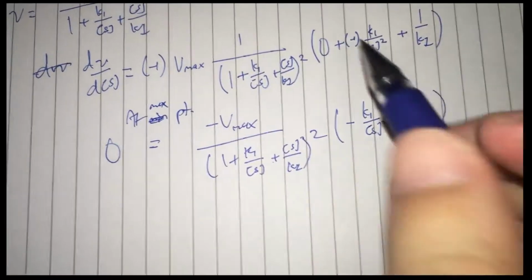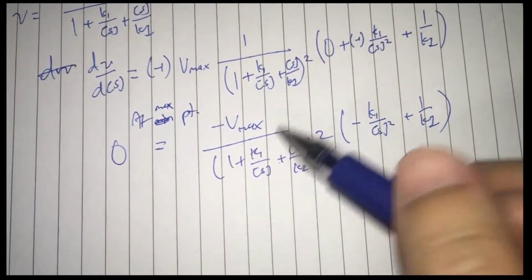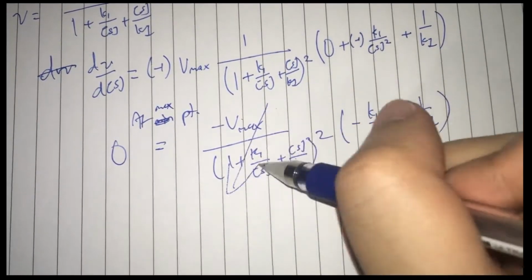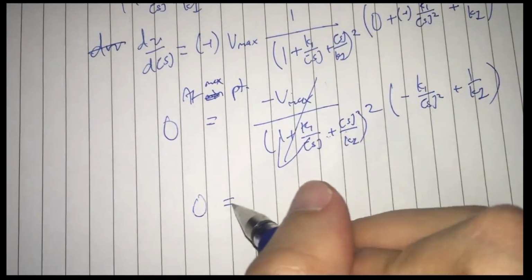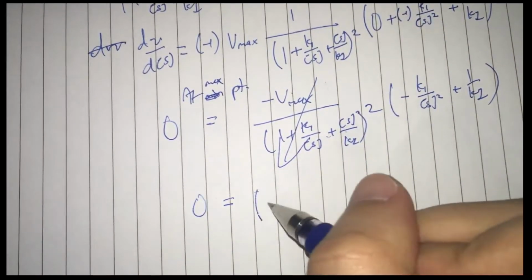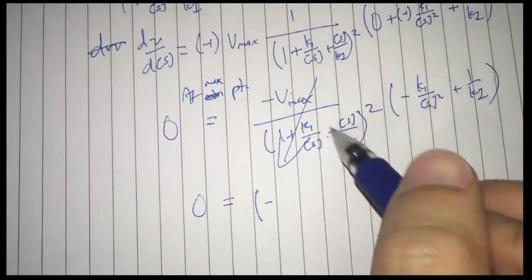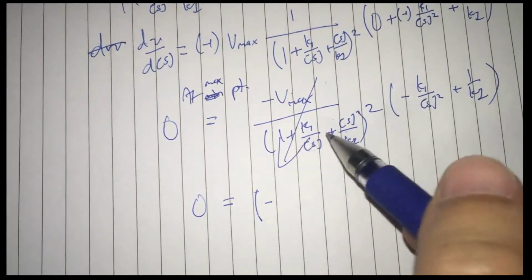Okay, so this thing is definitely not 0, so we can just divide both sides by whatever this is. So we'll divide both sides by this, and we'll have this side remaining, because this cannot ever be 0. This is a non-zero term, right? The bottom is a non-zero term.